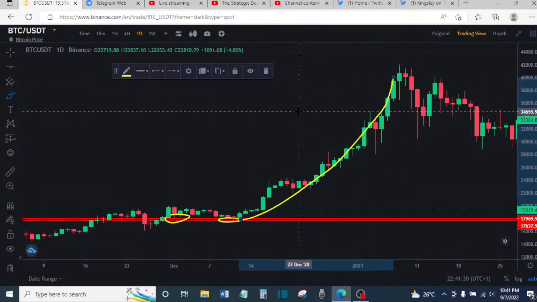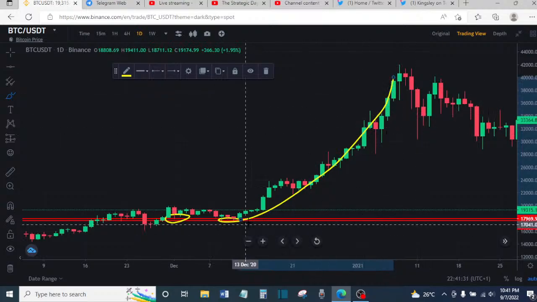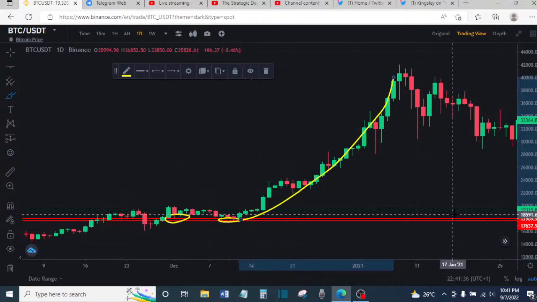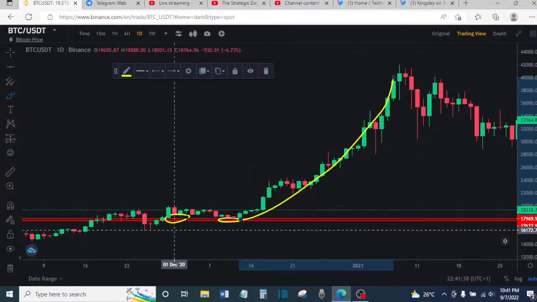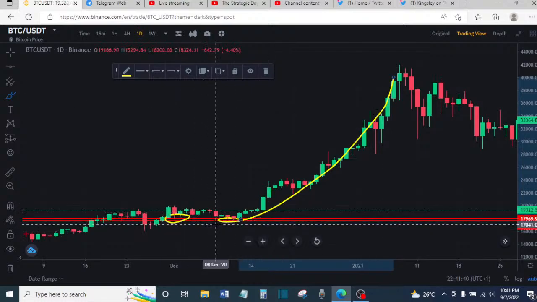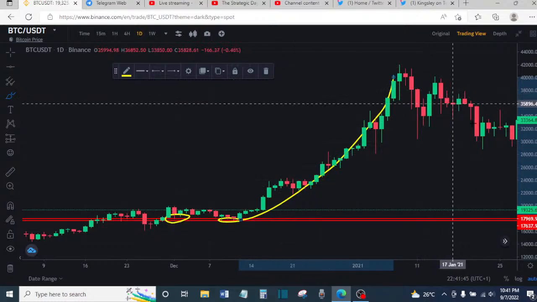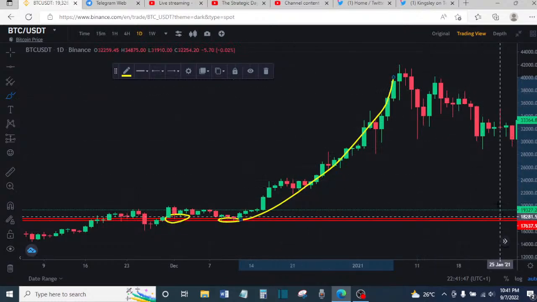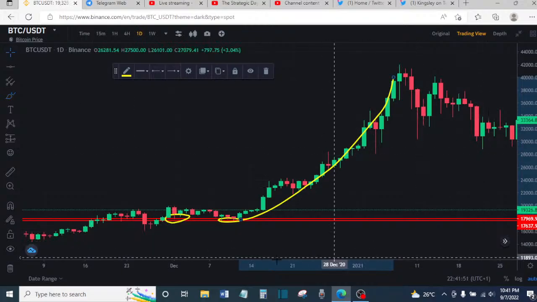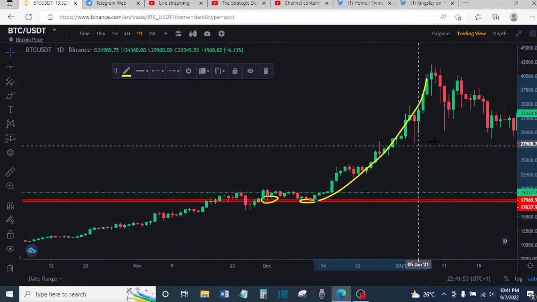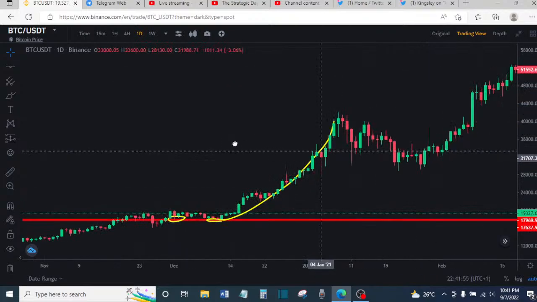Now, this time was in December 2020. Now in 2022 we had another fall to that same spot, that's after 2 years. So price came back down to that area.